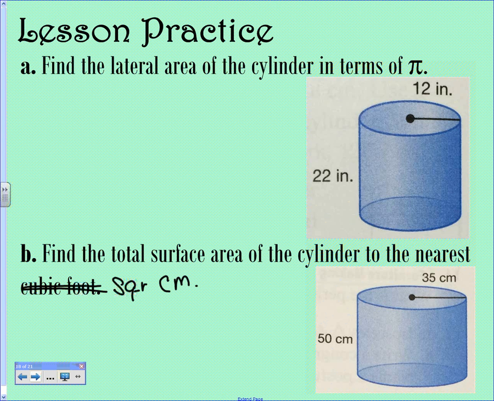Okay, what about the second one? Okay, so to the nearest square centimeter would be 18,692 centimeters squared. Do I need to go over that one?